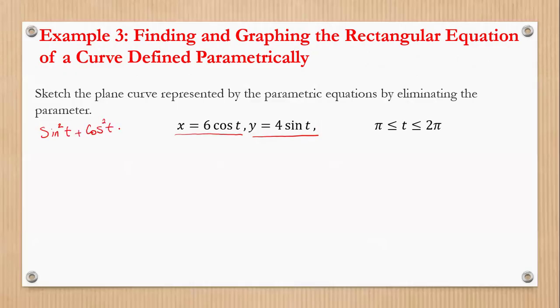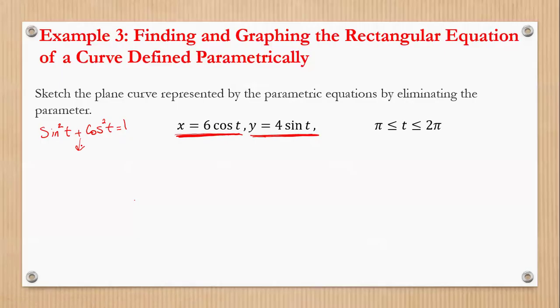So it means that if I can find sine from the second equation and cosine from the first equation, and replace them into this identity, I can have an equation in which t is eliminated.